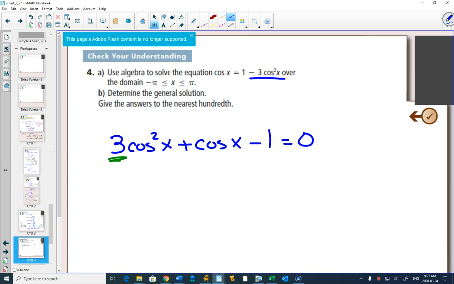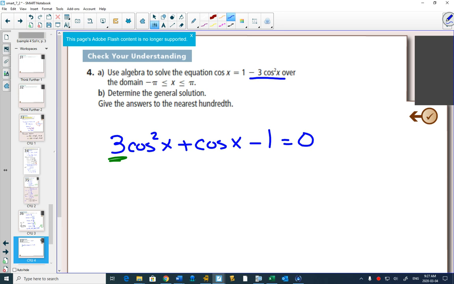If you can't recognize right away that this can't be factored, or if it could be factored and you can't recognize right away how to factor it, you have your quadratic formula. Your quadratic formula always works. So it's not wrong if you use the quadratic formula when you didn't need to. It just might have been a little bit longer, but maybe not for you. Maybe it's still faster for you than factoring.